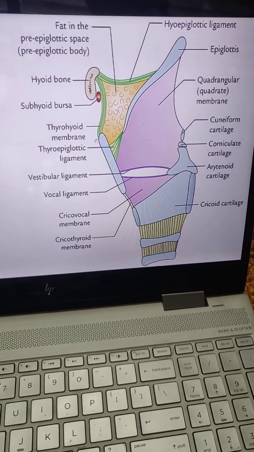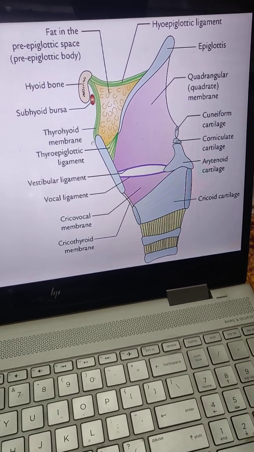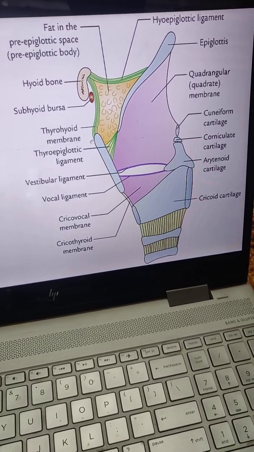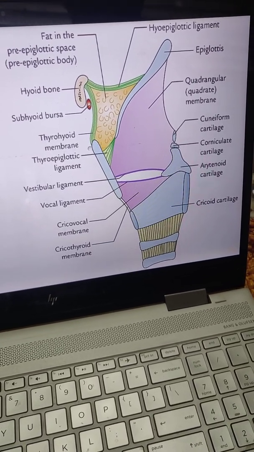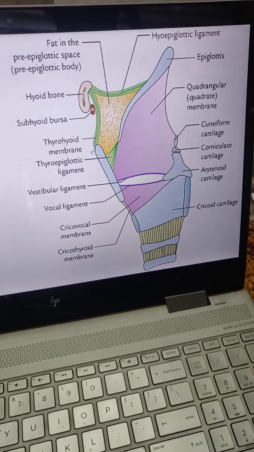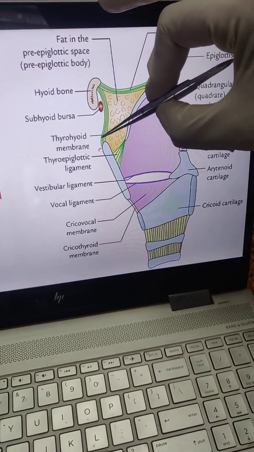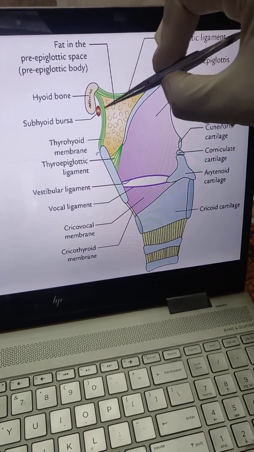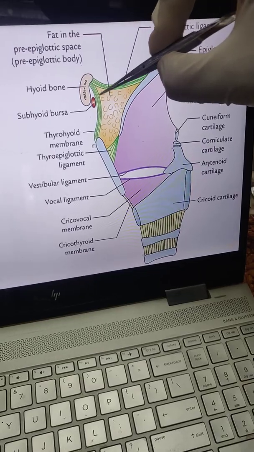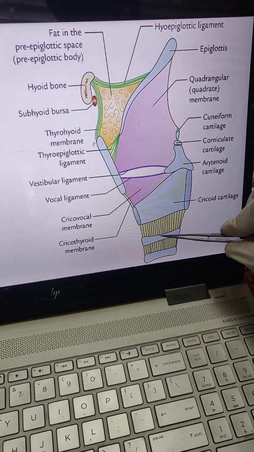Extrinsic ligaments and membranes. Here you can see these are the extrinsic ligaments and membranes, which are outside the laryngeal cavity, and they are fibroelastic tissue of the larynx. The thyroid membrane, here you can see this is the hyoid bone and this is the thyroid cartilage. In between is the thyrohyoid membrane, and we already discussed it is pierced by the internal laryngeal nerve and superior laryngeal artery. Another is the cricotracheal ligament.